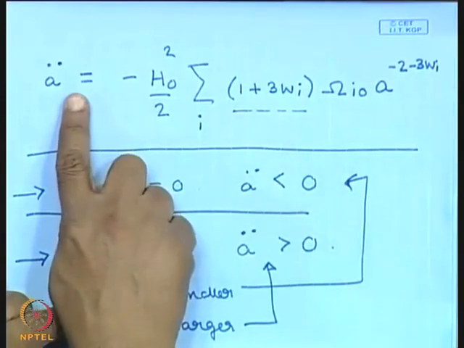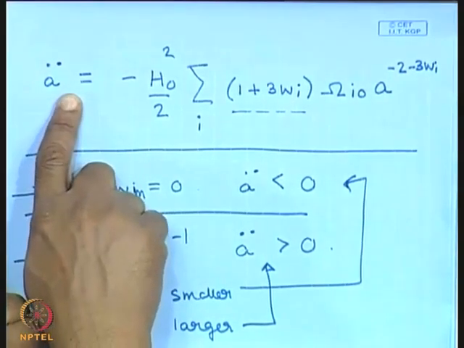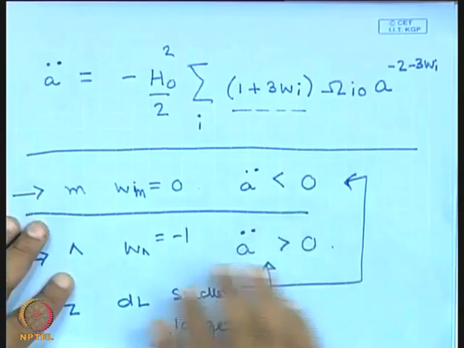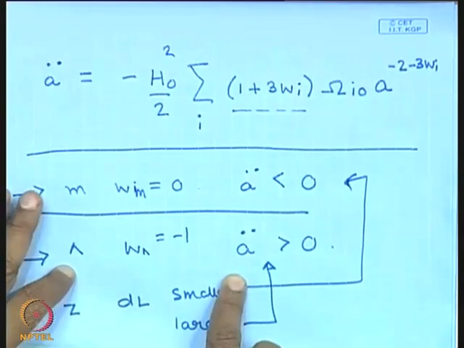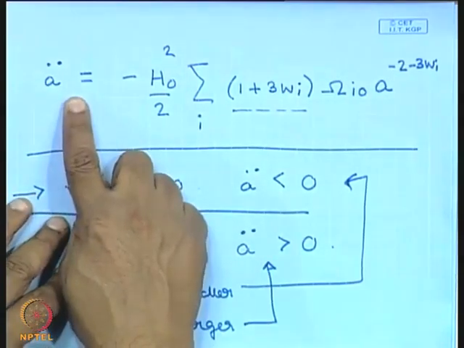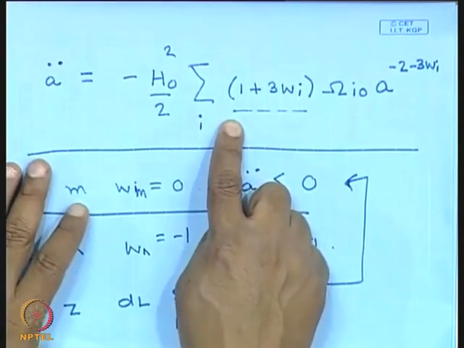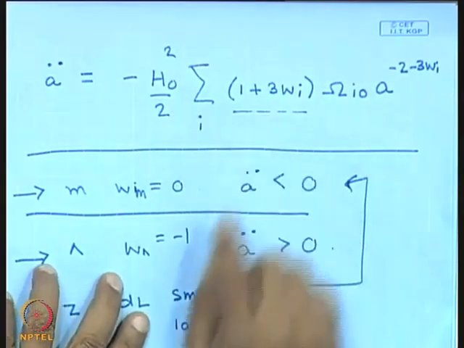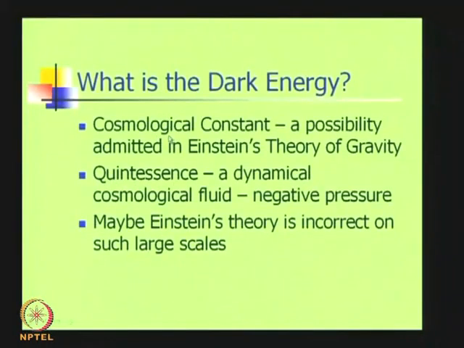Right, a double dot, we calculated, remember, a double dot by considering the acceleration of a galaxy relative to us, and this term lambda makes this acceleration repulsive. Okay, so there is evidence that the universe has something like this, which has got negative pressure, which causes the gravitational attraction to become repulsive.